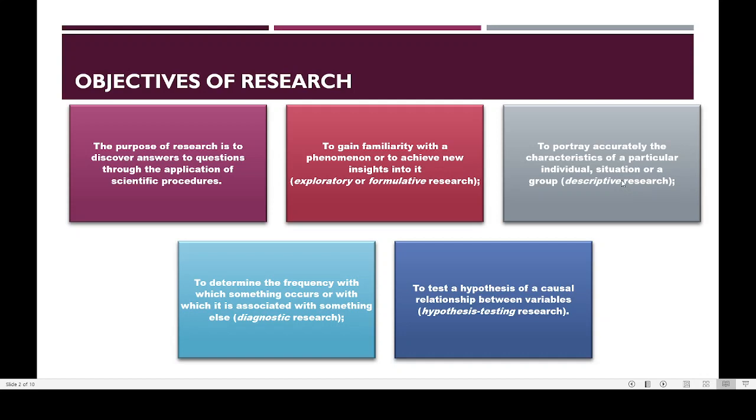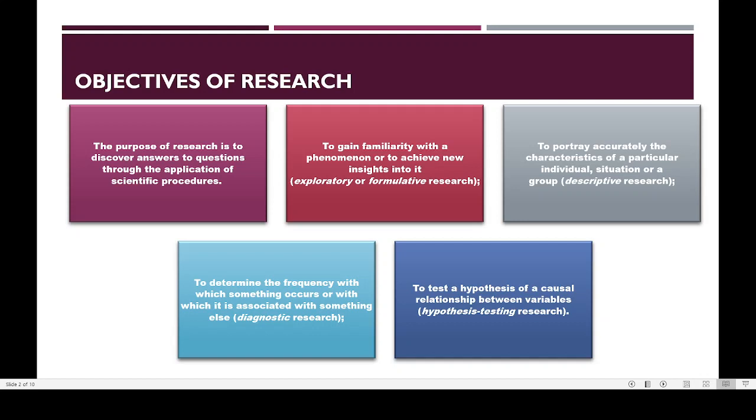Then there is another kind of research known as descriptive research. In descriptive research, we portray accurately the characteristics of a particular individual or situation. For example, we are studying one organism, such as a kangaroo, or the Nilgiri langur present in the Nilgiri area, or the Nilgiri tahr present in Kerala.